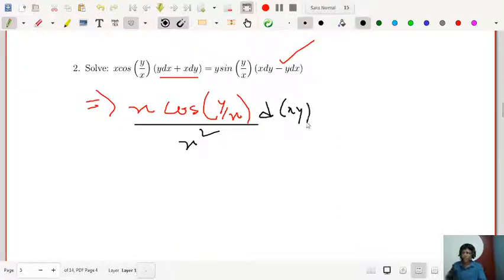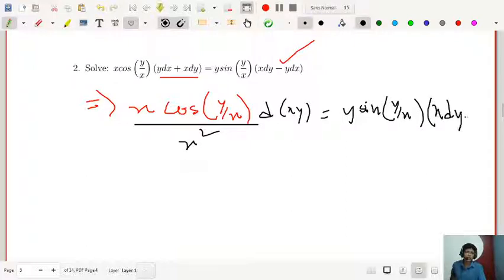This is written as d of xy, equal to y sine y by x and x dy minus y dx by x square, because you are multiplying both sides by 1 by x square. So naturally this x will get cancelled.